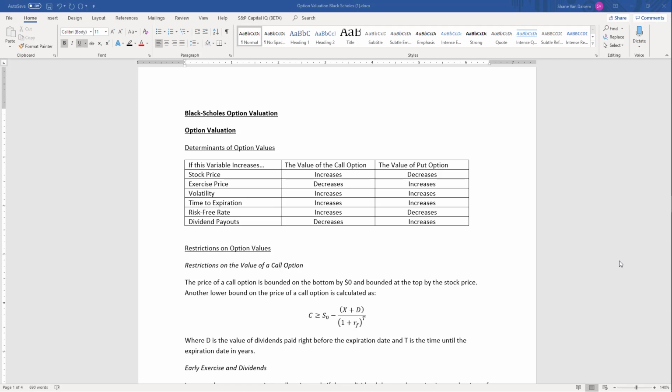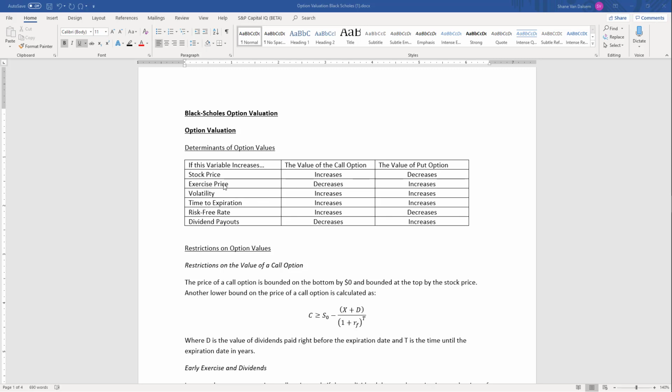So I've got the variables all up here. In Excel, I will demonstrate all of these, but let's just go through them. This is for a call option, and this is for a put option. If the stock price, the price of the underlying stock, increases, the value of the call option goes up, and the value of the put option goes down.